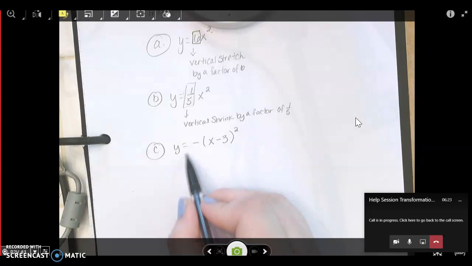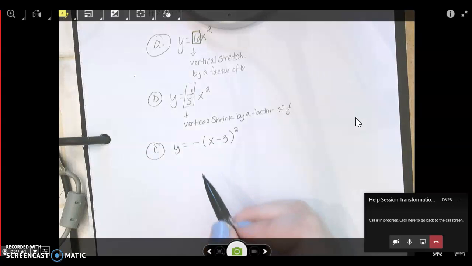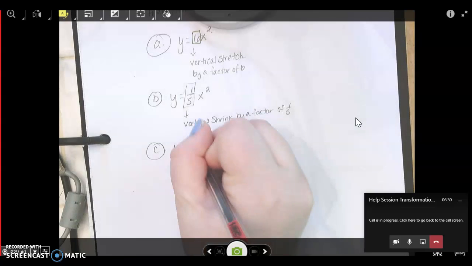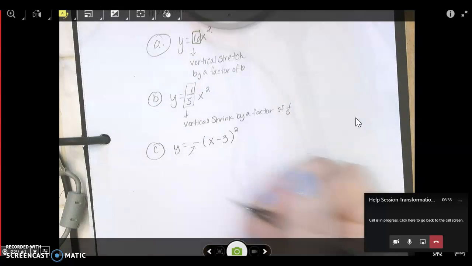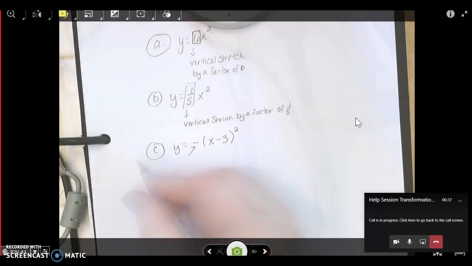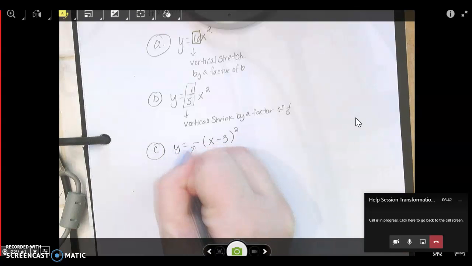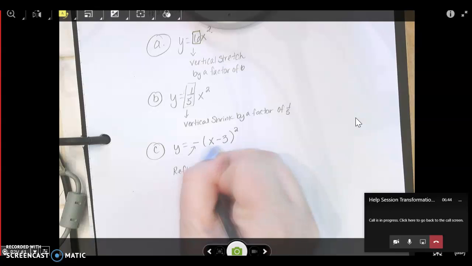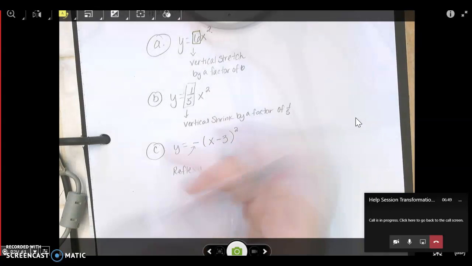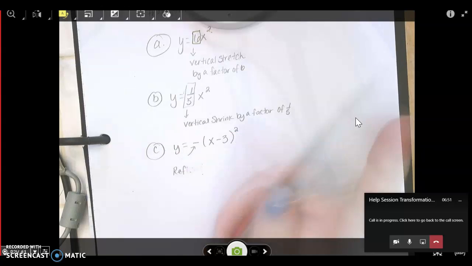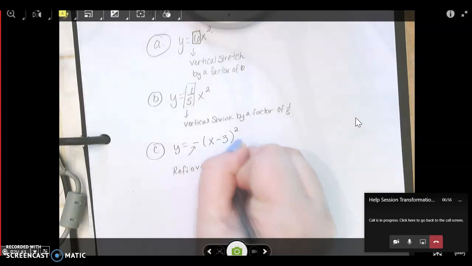Okay, so when you have this negative out front, so when a is negative, this means that it is a reflection over the x-axis. What that does to this graph, it reflects it over the x-axis. We can just abbreviate reflection over x-axis.